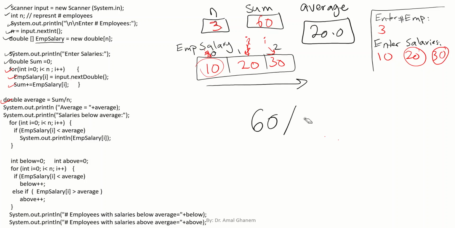And it's type double. Again, we create average and sum of type double, and the array is also of type double. So we are done with the reading. We need only to display the average. So we will have a small message here saying average equal, and we will display the value of the average.